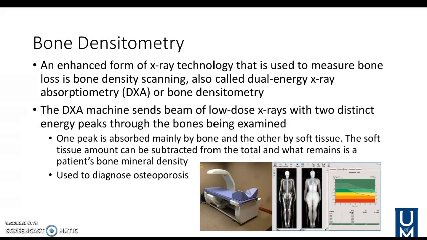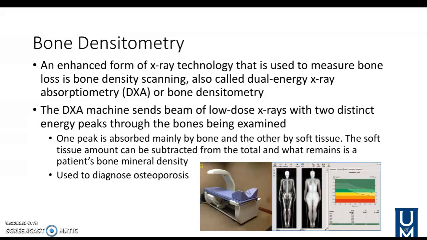Okay, another type of radiological test is bone densitometry, an enhanced form of x-ray technology that is used to measure bone loss. It's also called dual energy x-ray absorptiometry, and you'll more commonly hear this called a DEXA scan.